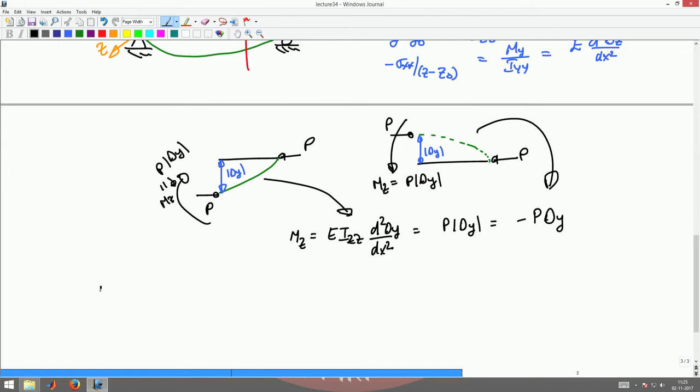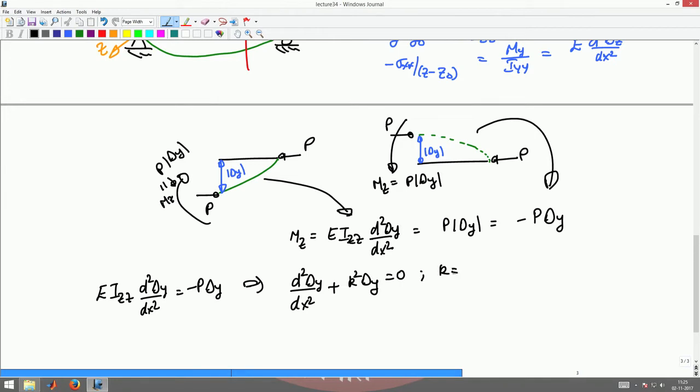Now I have to solve this equation. I have E Izz d square delta y by dx square equal to minus P times delta y. This I can rewrite as d square delta y by dx square plus k square delta y equal to 0, where k is the square root of P by E Izz.